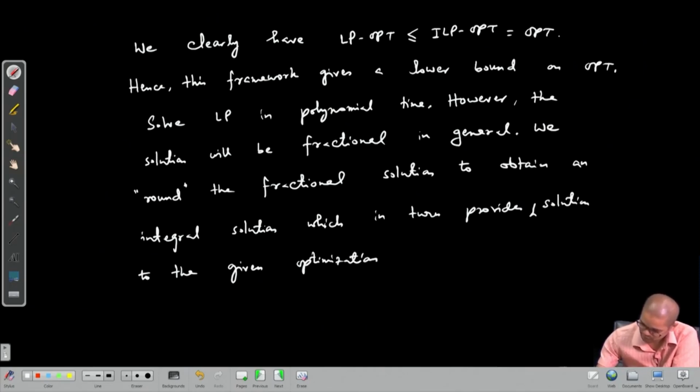It provides an approximate solution to the given optimization problem instance.